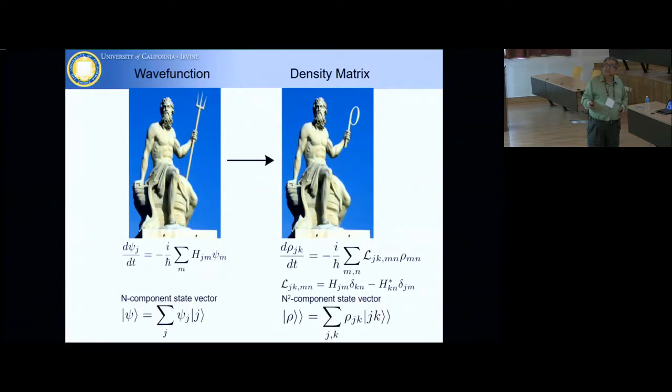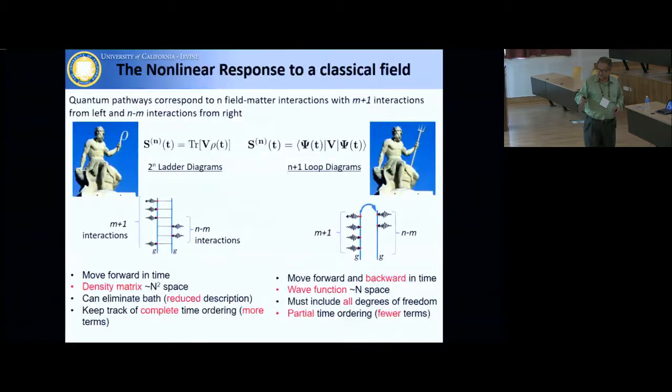Now, in terms of describing the system, we can use either the wave function or the density matrix; in principle, you can do it either way. When we describe the response function with the density matrix, we use such diagrams where this is the ket and this is the bra, and the arrows represent the interactions.